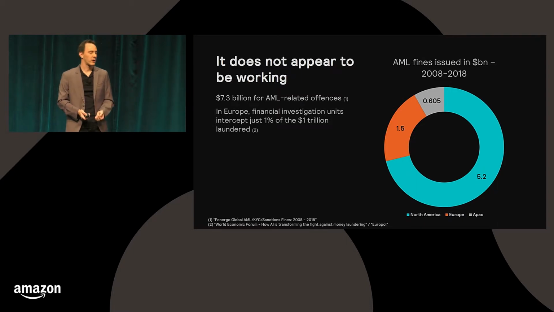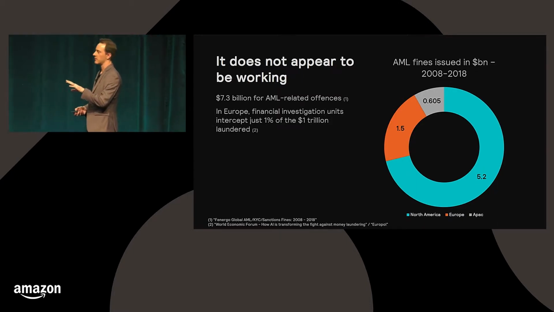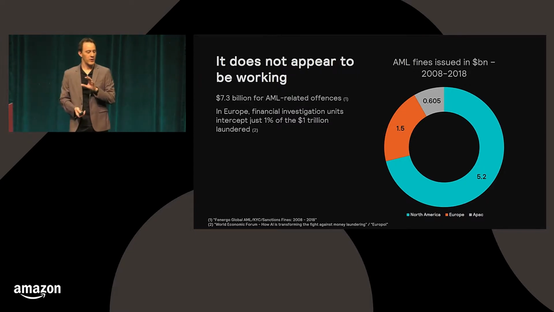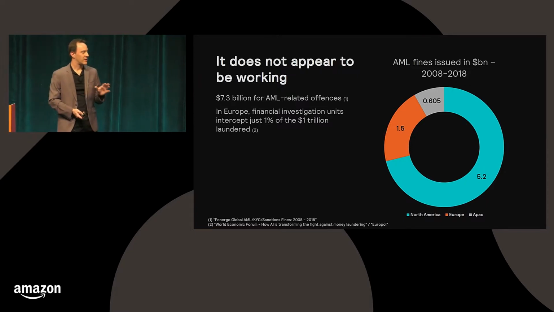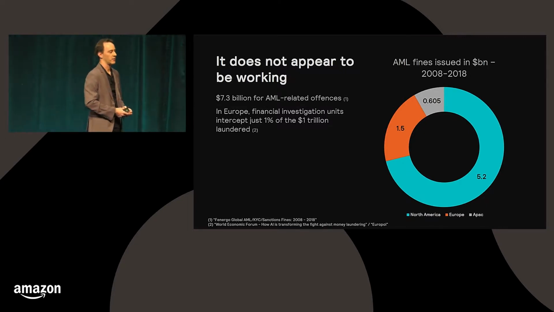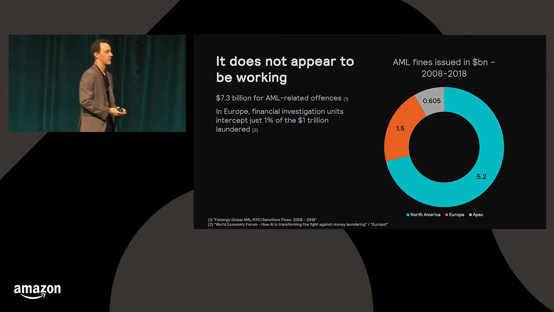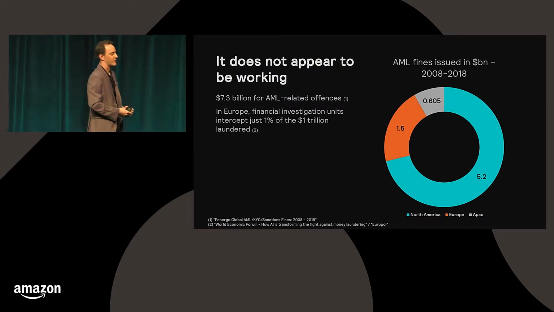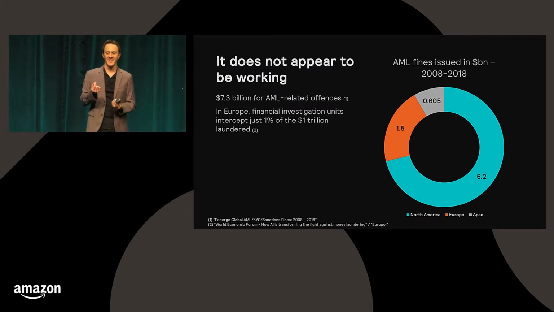Even so, if we look not at the fines, but at the money intercepted in Europe per year, investigation units intercept just 1% of the $1 trillion laundered each year. So if we look at the percentage, it's almost nothing, right?